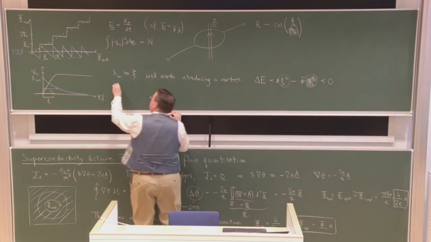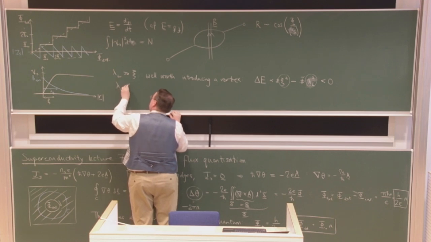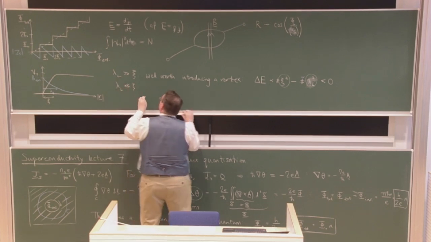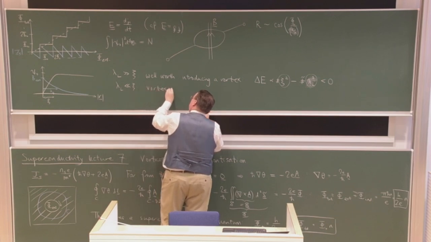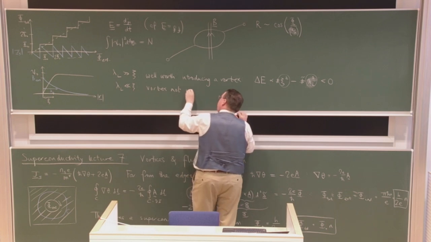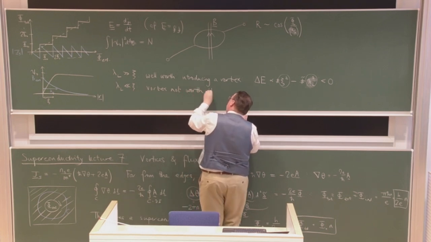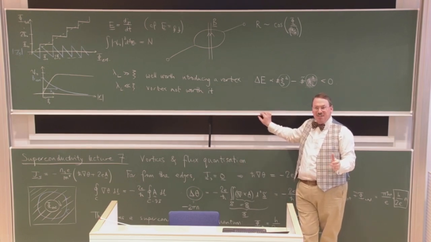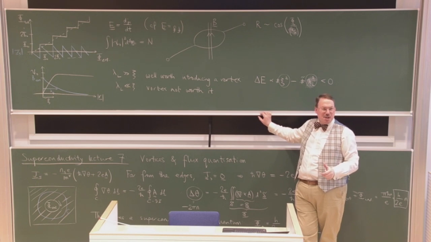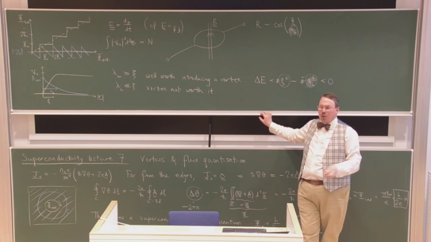Conversely, obviously, if the London penetration depth is much less than the coherence length, the vortex is not worth it. Energetically, you're better to just hang on until the magnetic pressure becomes too great and then just go normal all at once.